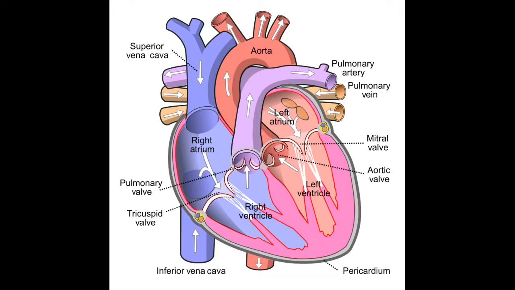Atrial contraction occurs simultaneously, forcing blood into both of the ventricles. So this is all happening all at the same time. As the atria are relaxing again, the ventricles are contracting. So top and the bottom go on opposite of each other, right? When the ventricles contract, it forces blood out of the heart.